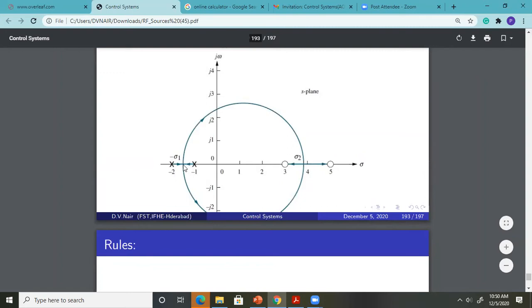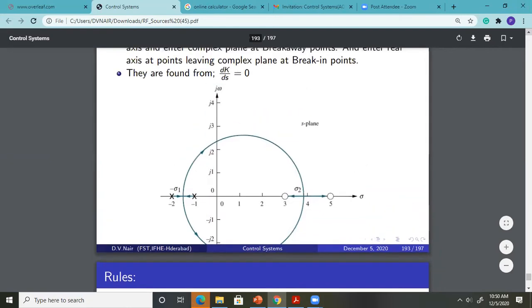Here, for certain k, branches break away from the real axis, and for some higher value of gain k, branches enter the real axis. That we solve by making use of dk by ds equal to 0. So you will get that, right? Later we have solved that, Ben and me.